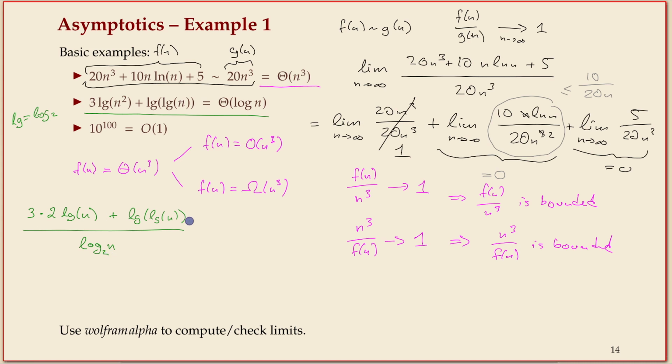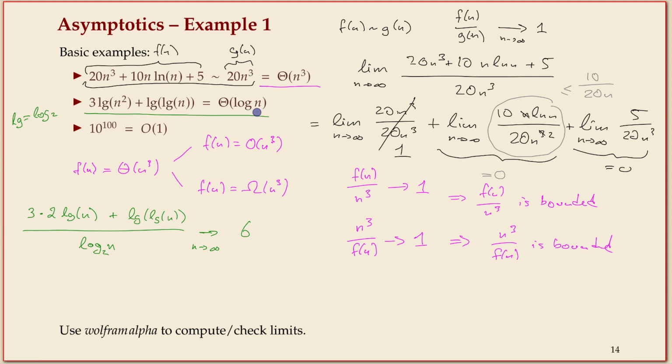And then you can do the same trick. You can cancel the log on that one. And this one, log is less than log, so it converges to something less than 1. So in this case, it converges. The quotient is 6 if you pick log base 2 here.